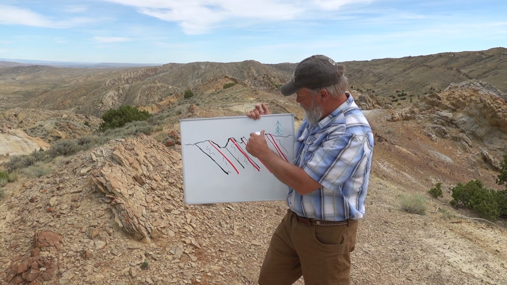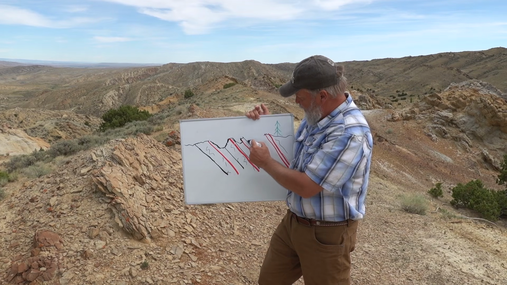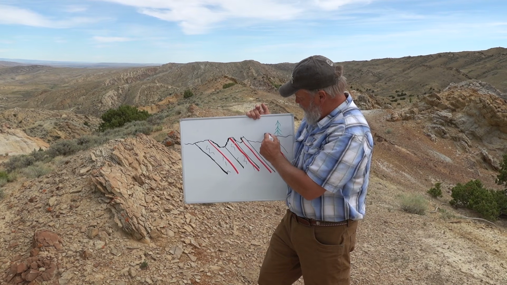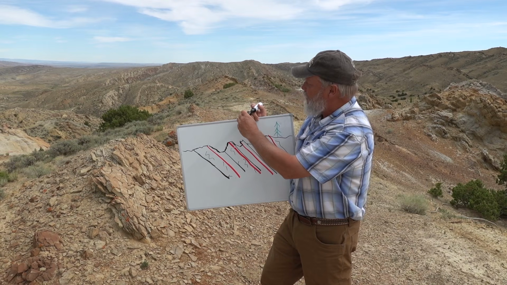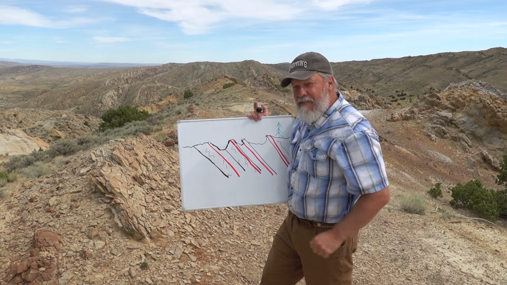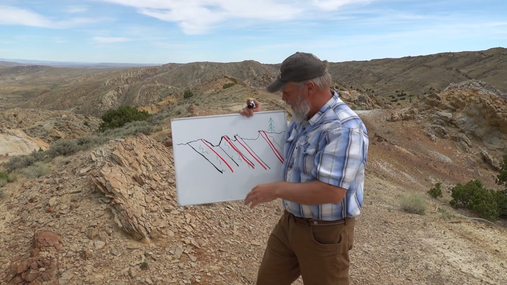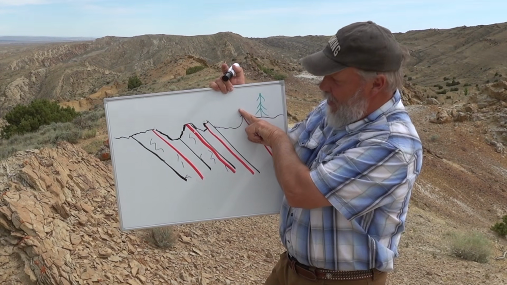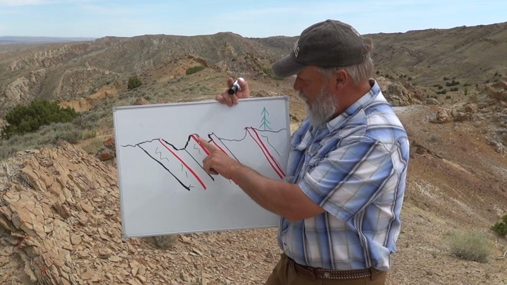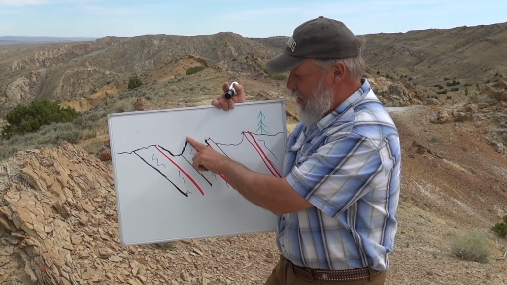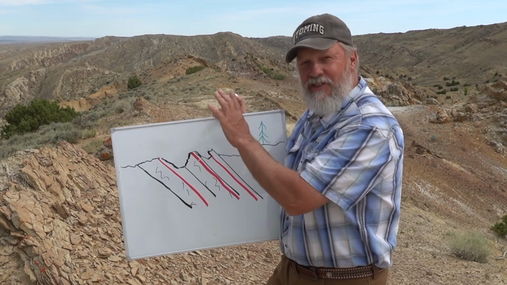And now the land surface is kind of like that, often cyclical. So we have a ridge poking up here, a valley, a ridge, a valley, a ridge, a valley, etc.